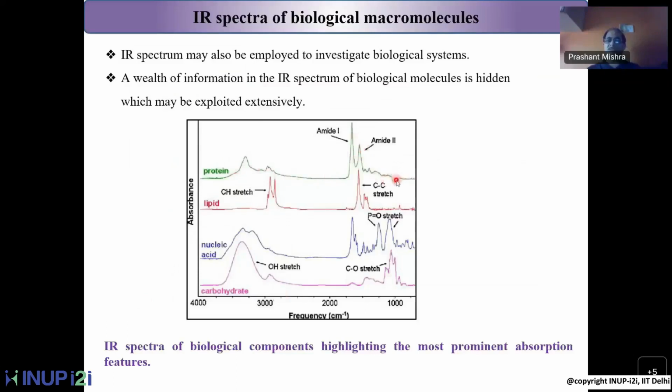It is not reflected here, but amide 3 is present over here. Amide 1 and amide 2 are important, but amide 3 is also very important because it does not have interference of water, whereas interference of water is great in the amide 1 region. Now, looking at lipids, you can analyze nucleic acids, you can analyze carbohydrates. Each one of them has a very specific fingerprint.